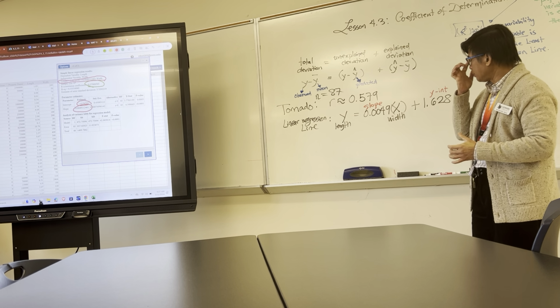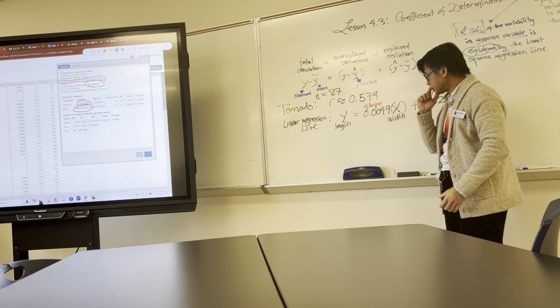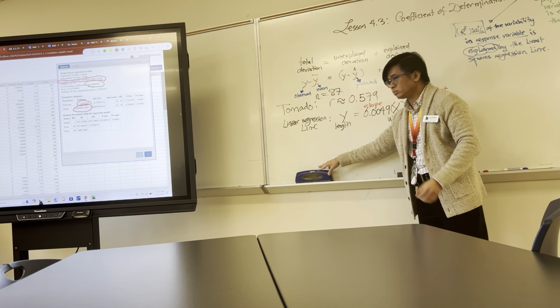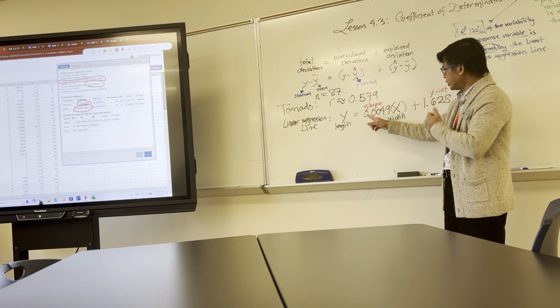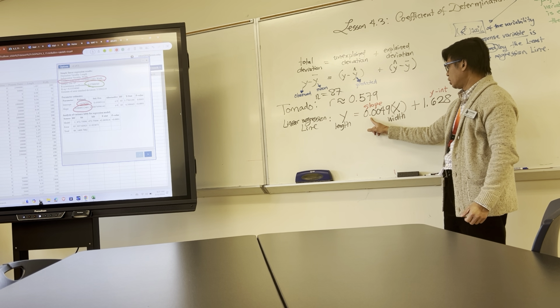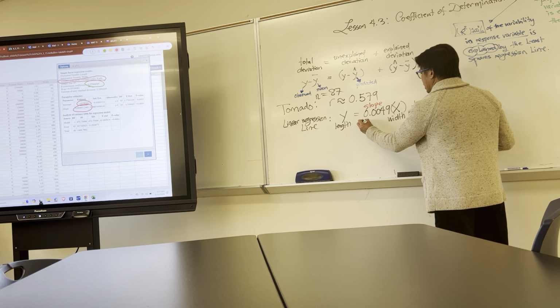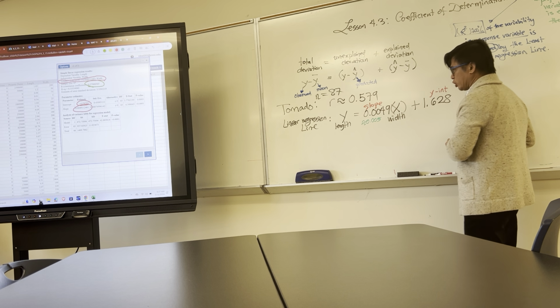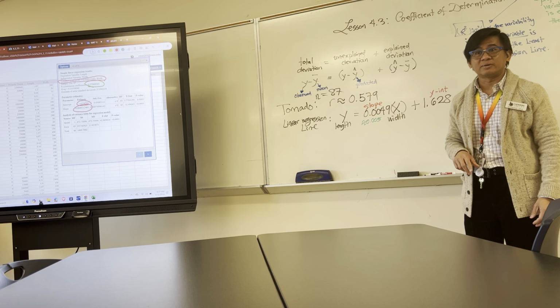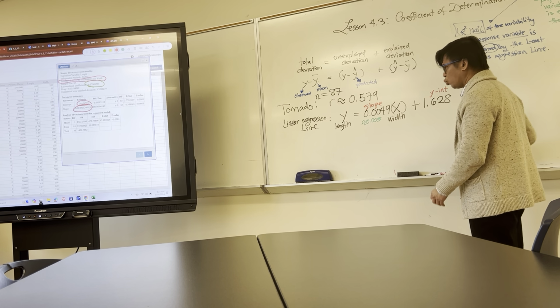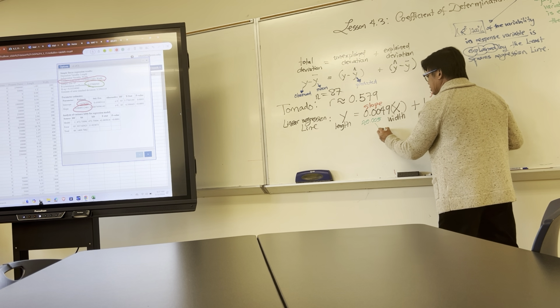So what does it mean? The slope, 0.0049, is in the thousandths, so we can approximate it to 0.005, or 5 thousandths. If it's 5 thousandths, what does it imply?